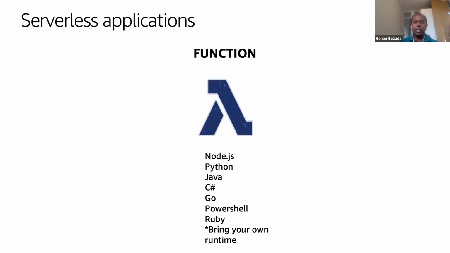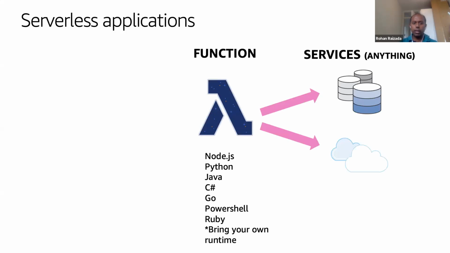When you think about serverless applications, there are three components. One is the function itself, in this case Lambda, which supports different runtimes, as you can see here, and also has the flexibility to bring your own runtime. It can make a call to any external resource, whether AWS services or anywhere out on the internet.